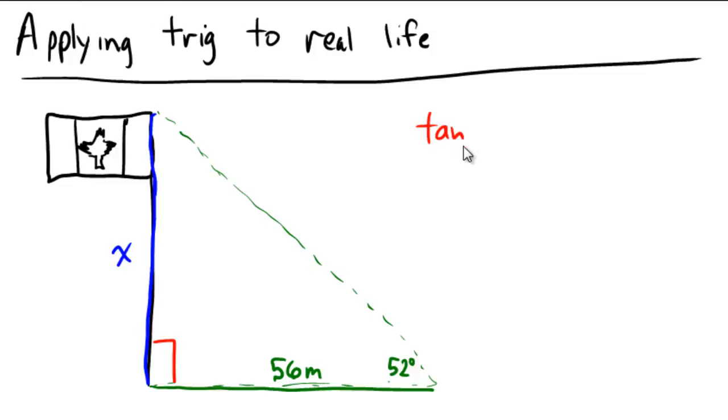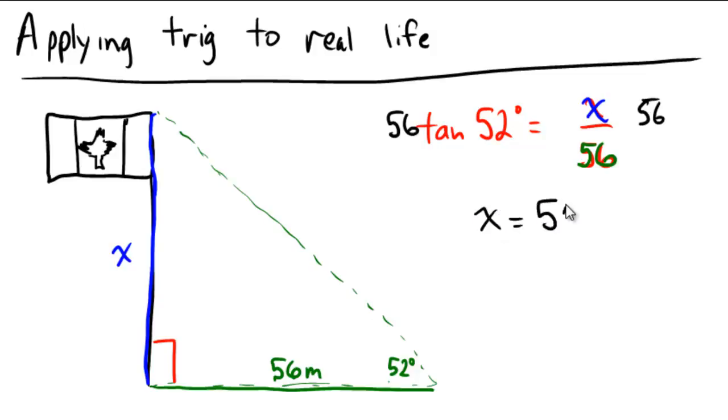Tangent of the 52-degree angle is the opposite x over the adjacent 56. So it's the opposite x, which I had there in blue, and the adjacent 56. So what are we going to do to isolate our x here? Let's multiply both sides by the number 56 so that x equals 56 tangent 52 degrees.